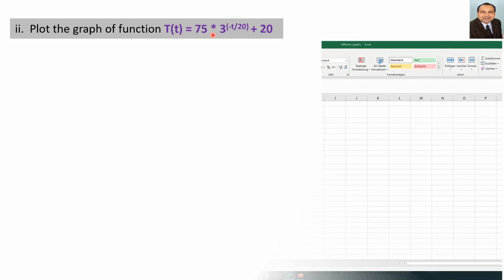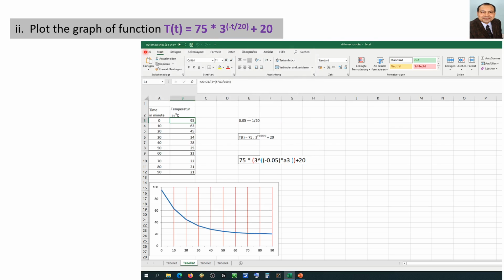How? Open a new file here and write time 0 at the step of 10 minutes till 90 minutes. The starting temperature, when t is 0, is T0, which is 75 plus 20, so the starting value is 95.